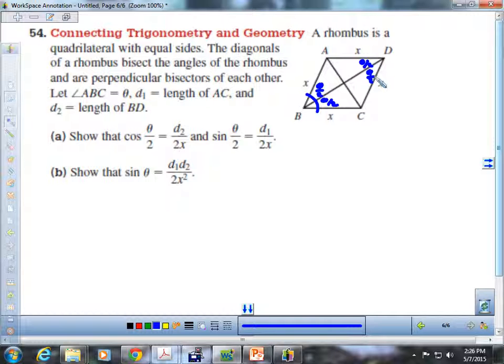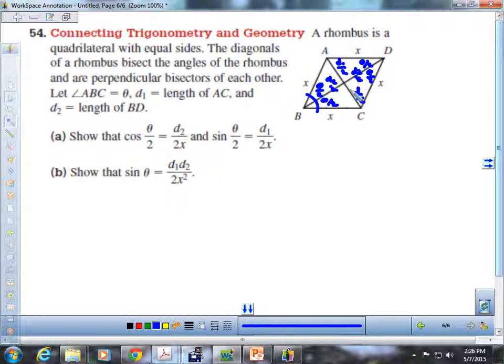Let D1 be the length of AC. So if D1 is the length of AC, then from A to here is how much of D1? 1/2 of D1. So that's D1 divided by 2. This is D1 divided by 2 as well. And D2 be the length, so this is D2 divided by 2 and D2 divided by 2.